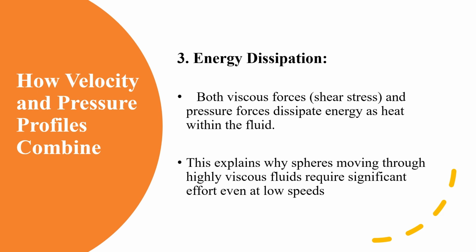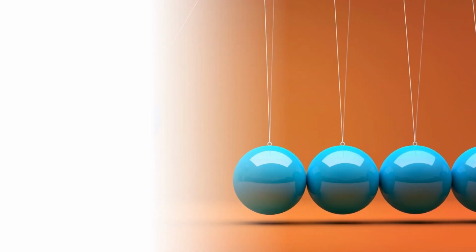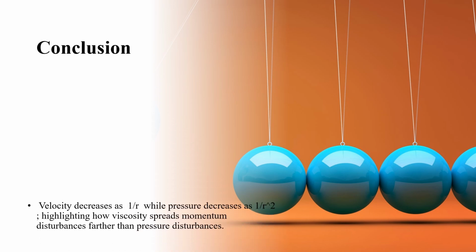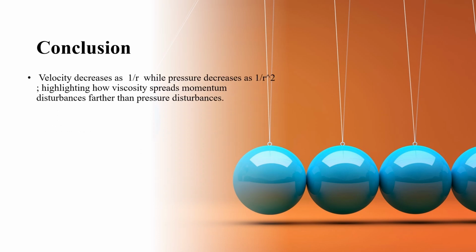To wrap up, we learned that velocity near the sphere decays with distance and pressure decreases even faster. The no slip condition ensures that the fluid's motion is deeply influenced by viscosity, especially near the sphere's surface.